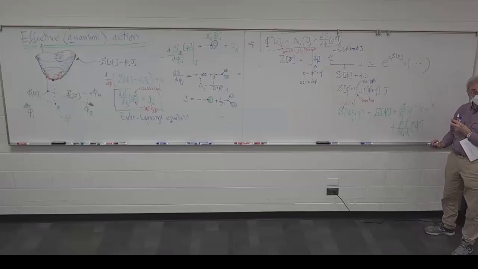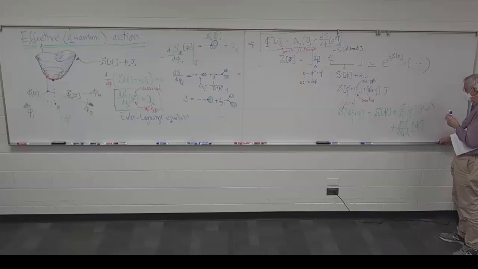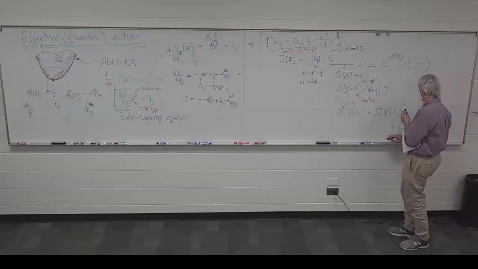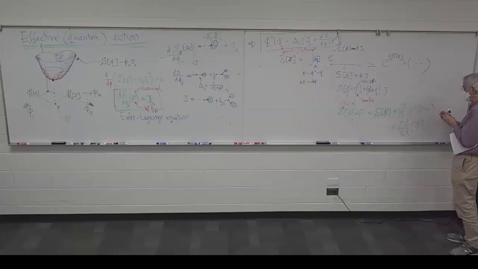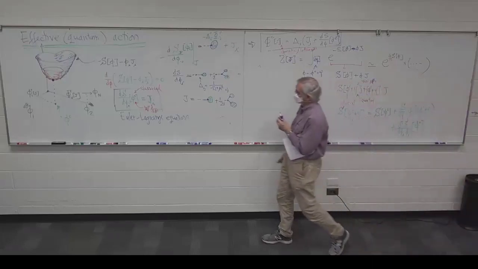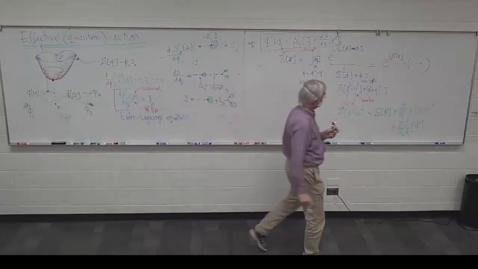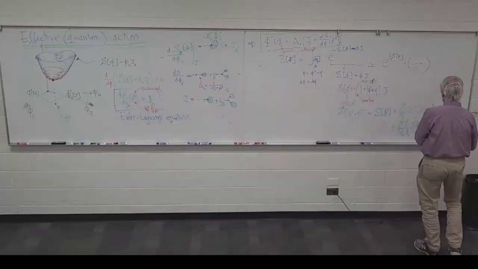What do you say? Should there be no phi c in the second term? In the back, yeah. It'll cancel. I'll use the Euler-Lagrange equation, right? Like in the Taylor expansion. Yeah, and you're right.